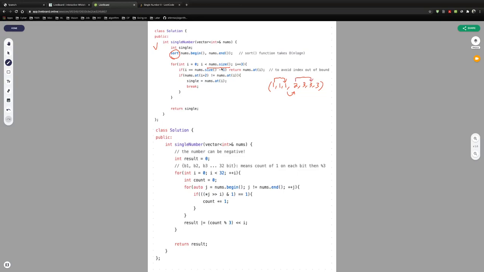Then if I find the first number is not equal to the third number, then that one is the single number.